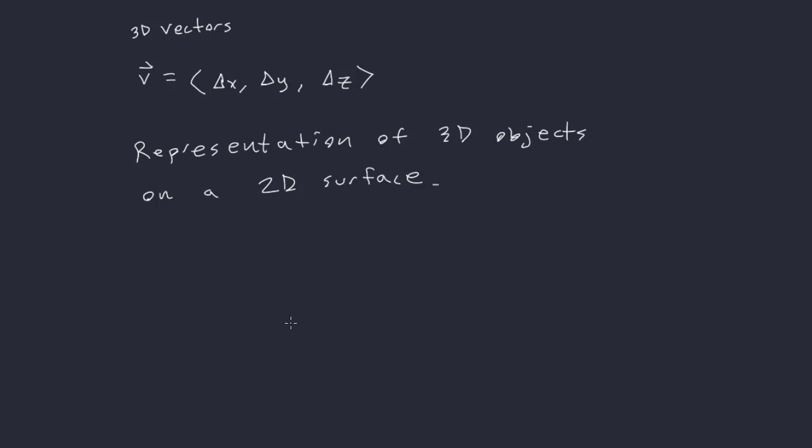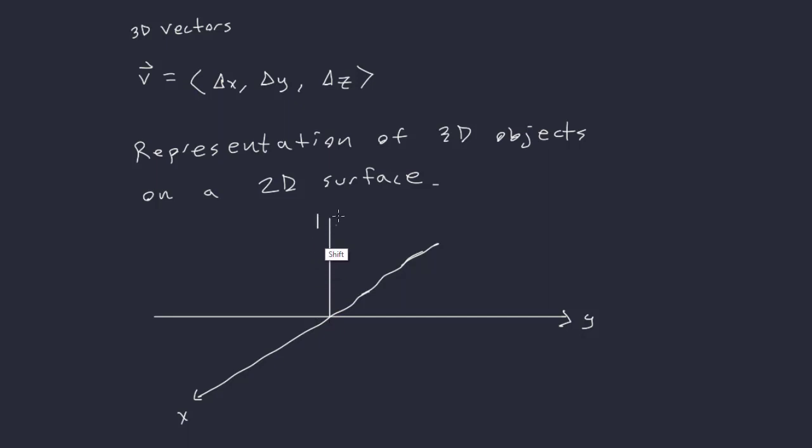Okay, so this standard way that the book likes to do it is they will make the vertical axis, I think they make it y, and then they make the 45-degree axis x, and then they make the vertical axis z.